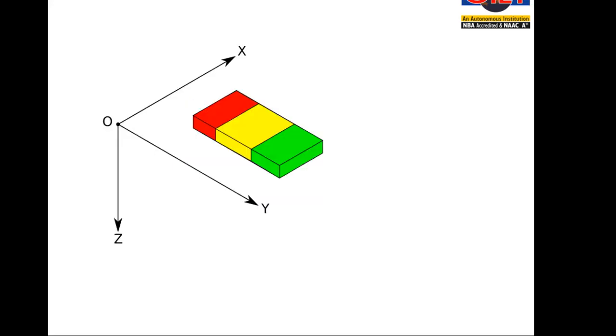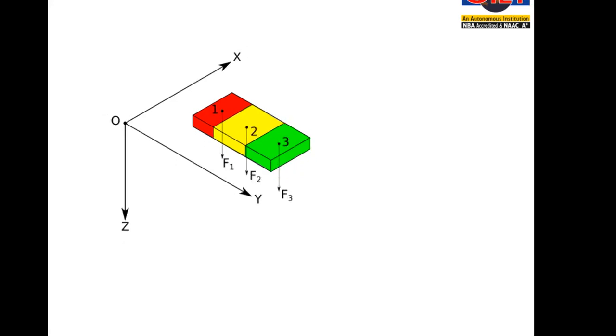As my intention is to calculate the position of the center of gravity of the body, I am considering a Cartesian coordinate system represented as shown in the figure. As you know, each element is acted upon by gravity pull, and in the figure it is represented as F1, F2 and F3 for the elements 1, 2 and 3 respectively.